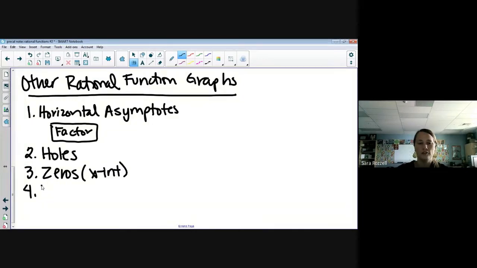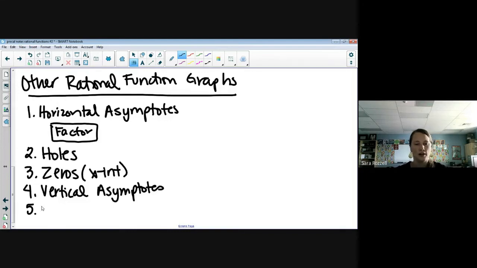Then we'll find our vertical asymptotes. Then we can do our y-intercepts. We can do our y-intercepts kind of anytime we want to. I just normally do it at the very end.